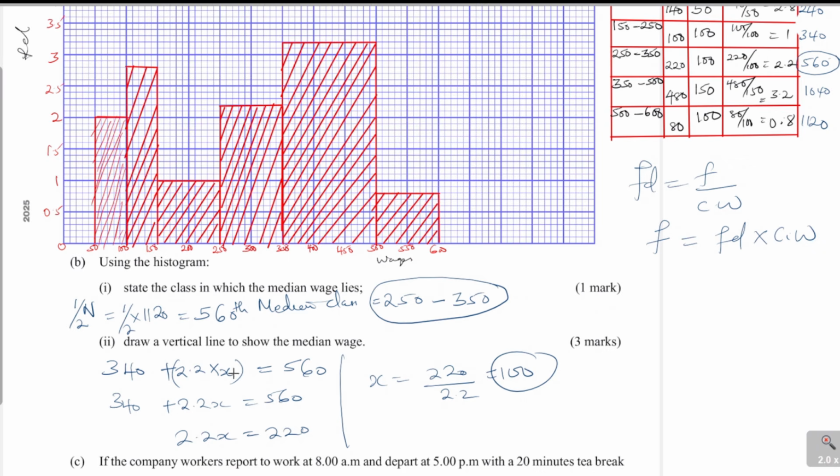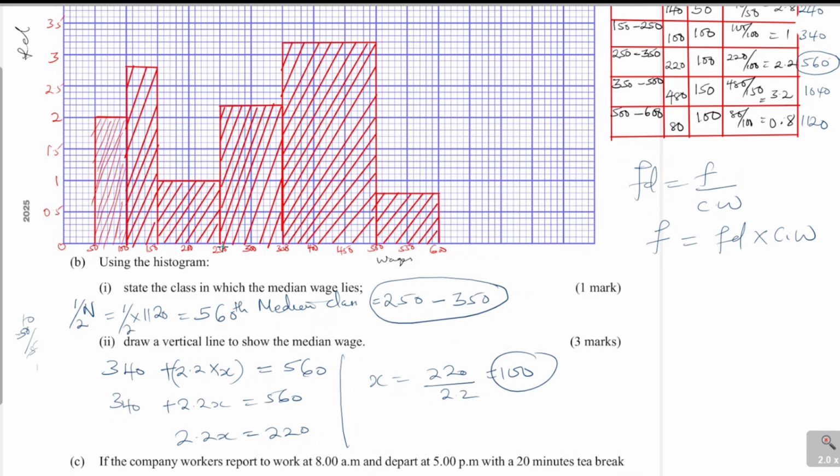So that means from 250, we are going to count 100. And you know the scale on the x-axis: 1 centimeter represents 50. So 1 small square represents 10.